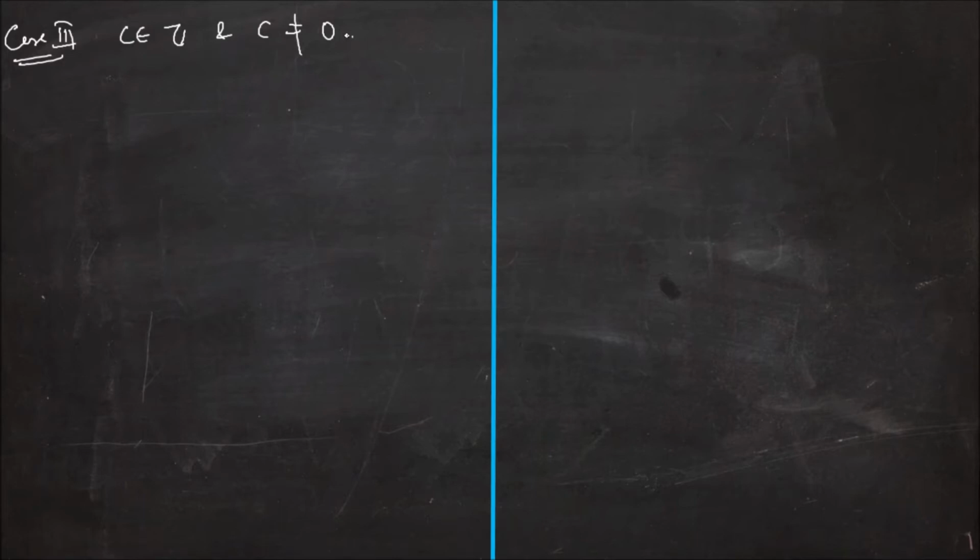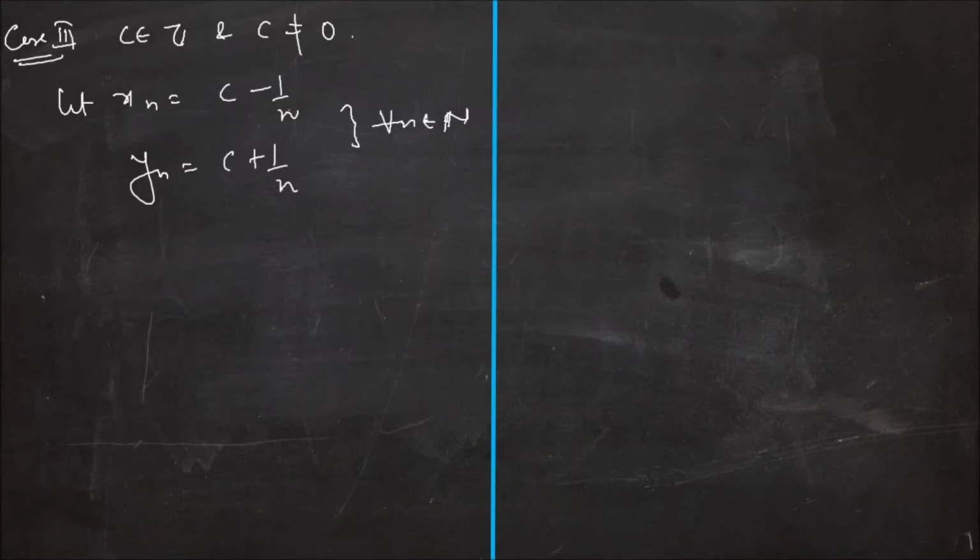For that we will construct two sequences xn and yn such that both converge to c, but their corresponding sequences converge to different limits. So let xn equal to c minus 1 by n and yn equal to c plus 1 by n for all n belonging to N.